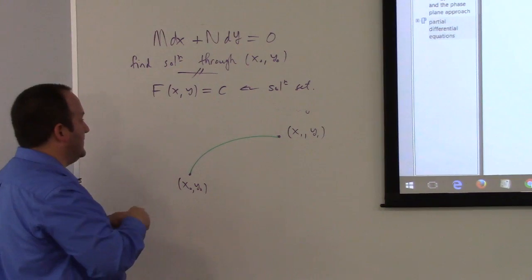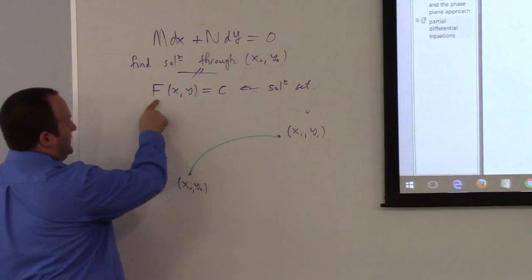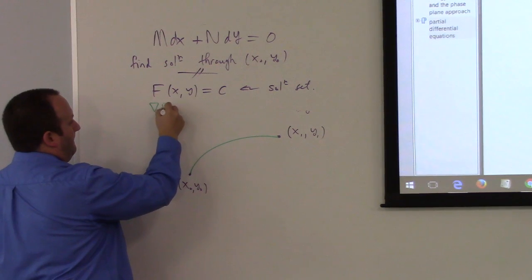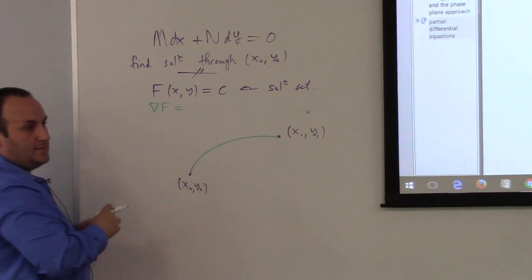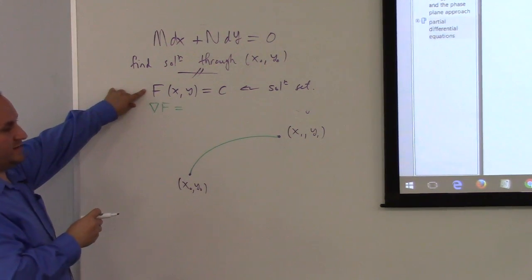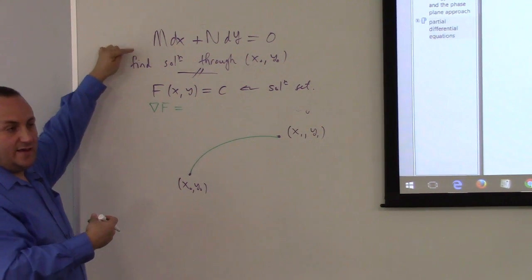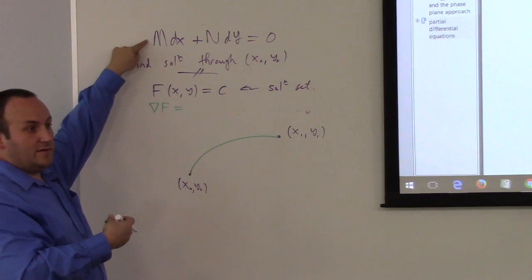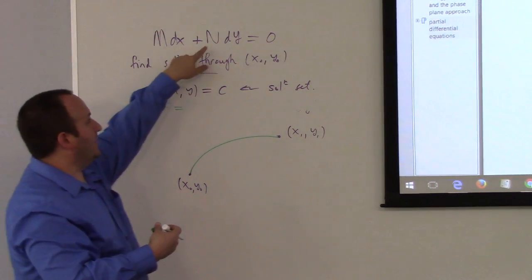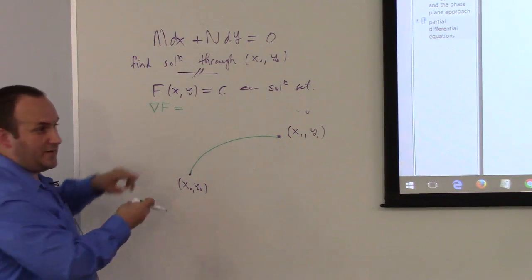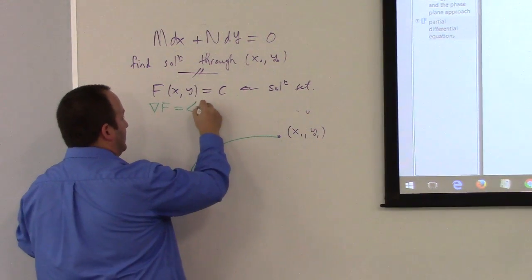First of all, what's the gradient of f? If this is the solution, the level function which solves this exact equation, that means that partial f partial x is m, and partial f partial y is n, right? So the gradient vector field corresponding to the level function is exactly the vector field (m, n).